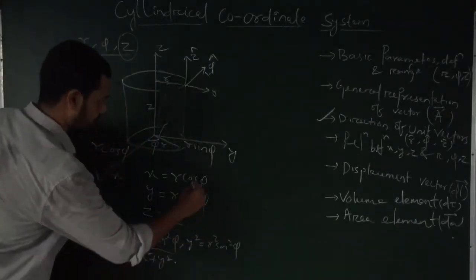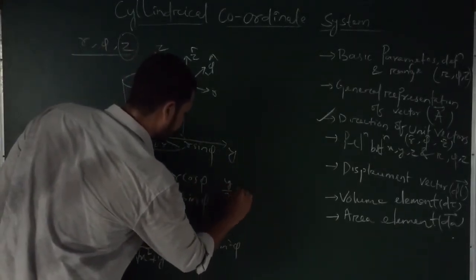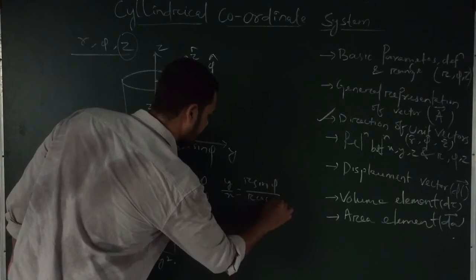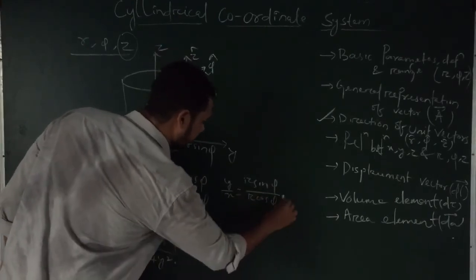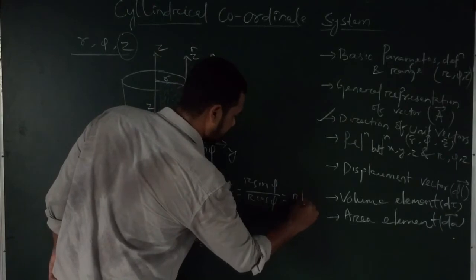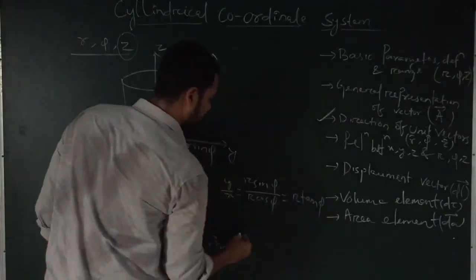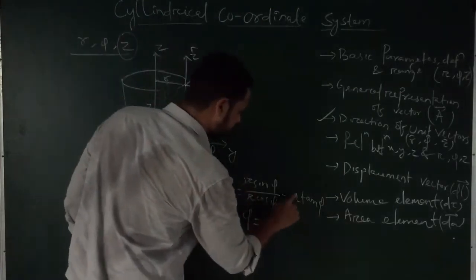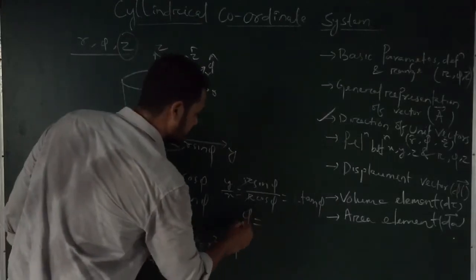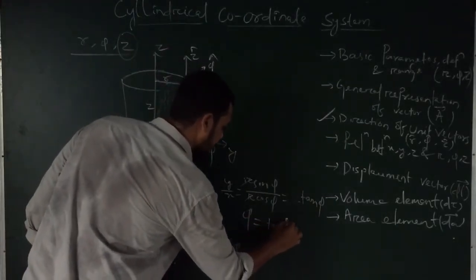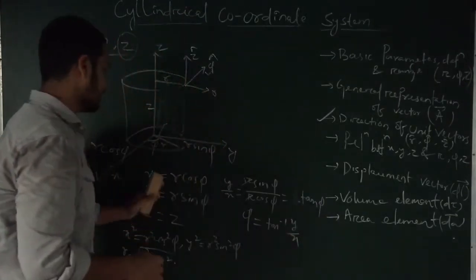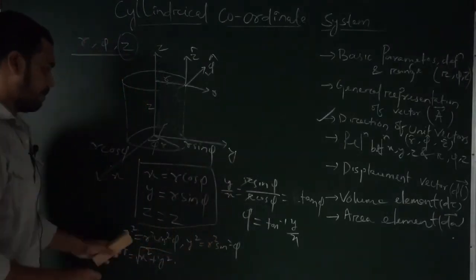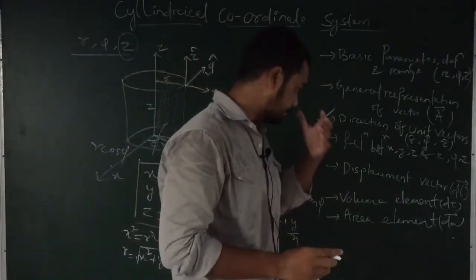Similarly, if you take y by x, you get r sin phi upon r cos phi. The r cancels, and this results in tan phi. So phi equals tan inverse of y by x. So these are all the relations among x, y, z and r, phi and z.